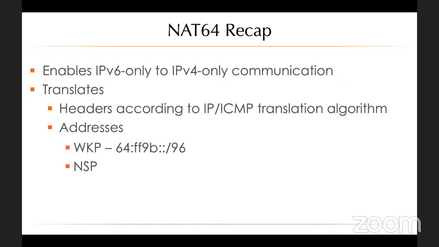Then the other function is the translation of addresses. To translate addresses, we can use two options. We can use the well-known prefix, that's 64:FF9B::/96, or you can use a network-specific prefix, whereby you allocate a prefix from your own block, which will be used for the purpose of NAT64.